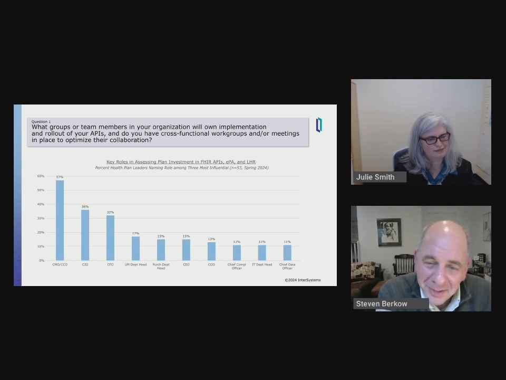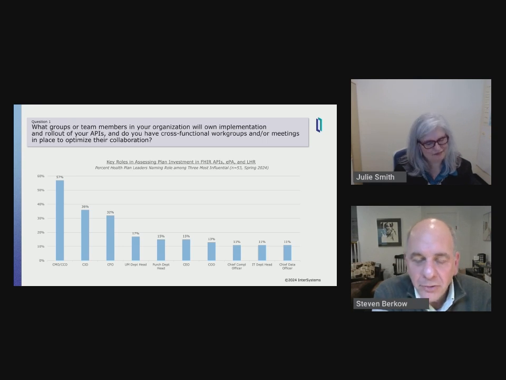I think perhaps the more critical thing to call out is even that one only just got above 50%, and nothing else got anywhere near 50%. There are just a lot of cooks in this kitchen, so if we're going to optimize ROI, we've got to figure out how we're going to work together. And I know Julie's been living this data as she's been working with our partners to get their strategies in place and get going. So Julie, I'm really curious how this is manifesting in reality and how people are addressing it.